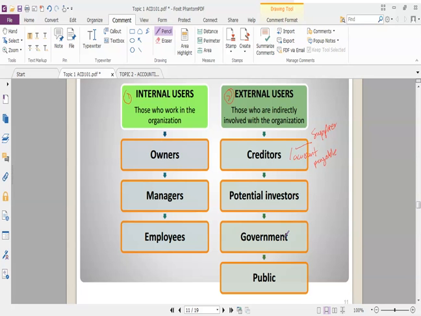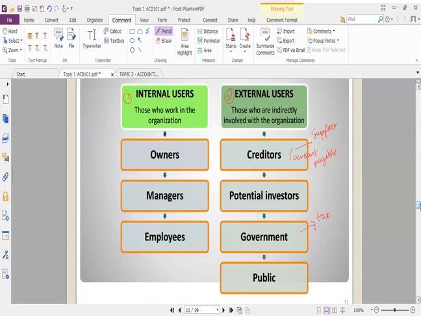Then the government, to impose taxes. If your business has a lot of profit, you must pay taxes to the government. The government is an external user, and also the public or customers.